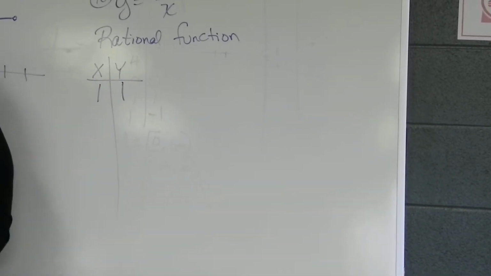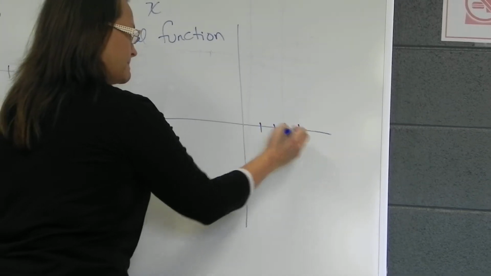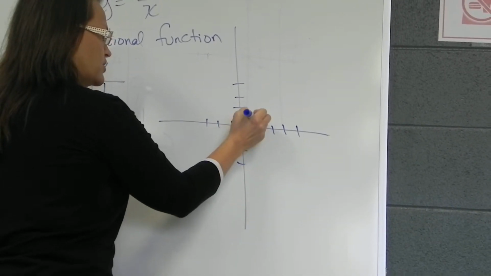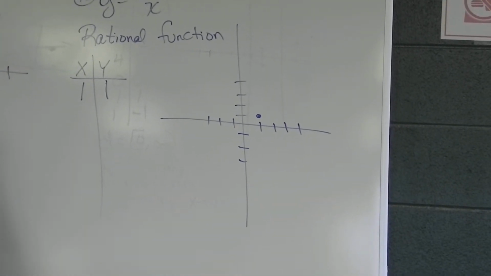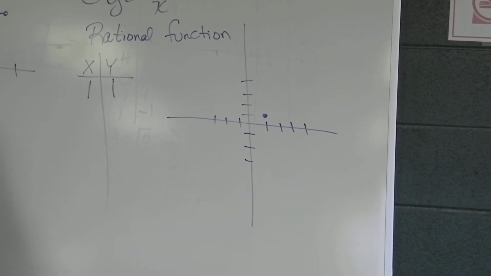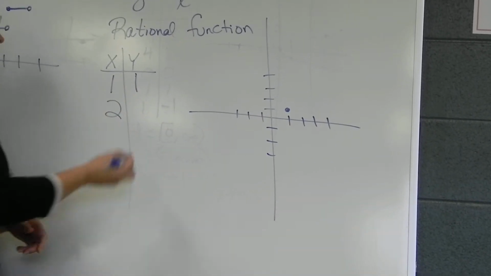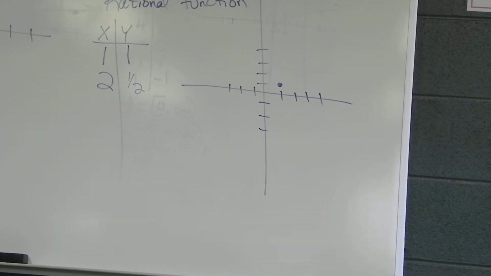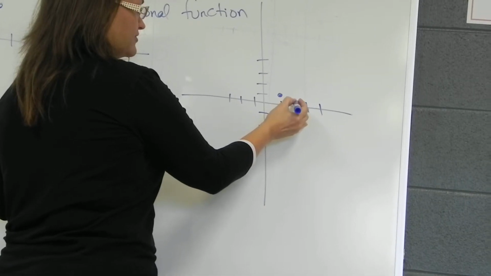Okay, so 1, 1 is definitely a point on our graph. Over 1, up 1. Okay, what else? Plug something different in for x. 2 for x. 0.5 for y. And I think I'm going to go with fraction, leave it as a half. But yes, 0.5 or a half. That is true. So you plug in 2 for x, and it's up a half.